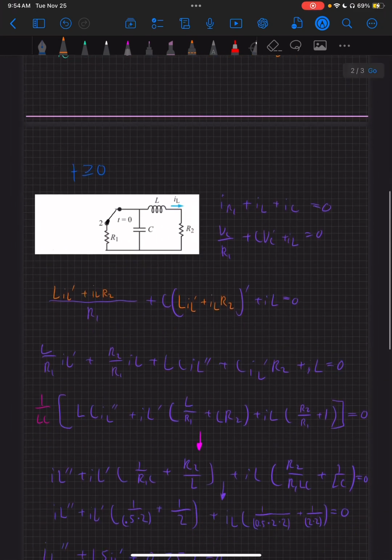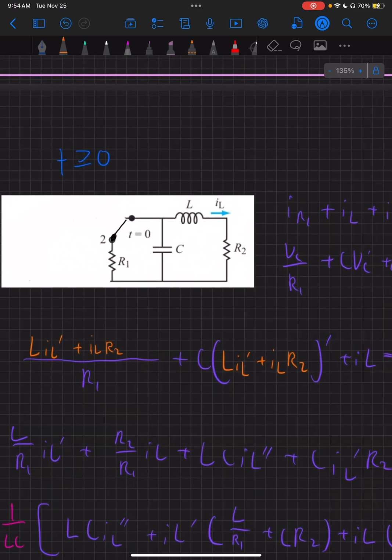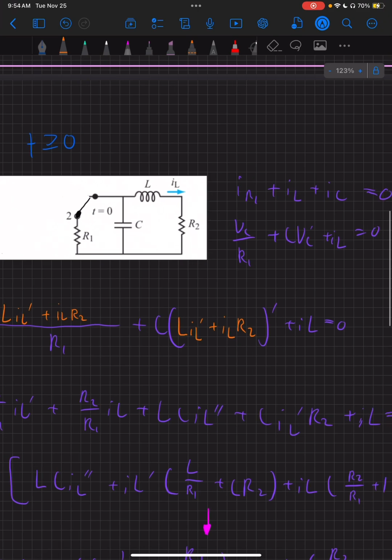Afterwards, we're going to derive the differential equation for Io(t), which I did right here. We're going to use KCL, and we have a node here, VC.